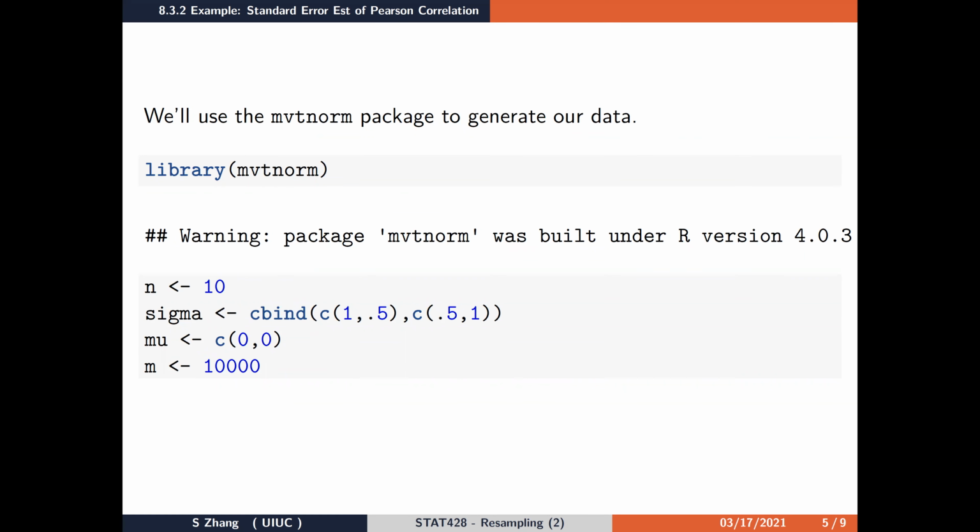To generate our x's, we will use the MASS package and the mvrnorm function inside. This is just code saying our sample size for each replication is equal to 10. The covariance matrix is this, the mean vector is this, and we will do a total of 10,000 replications.